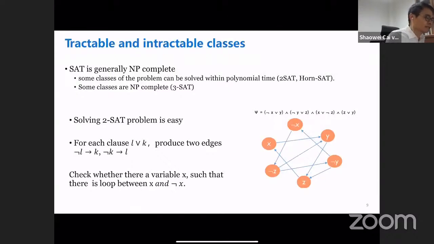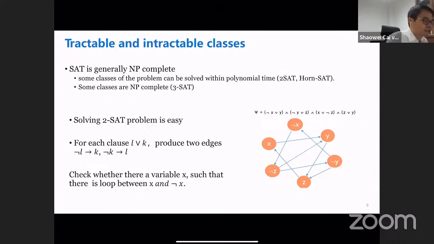Okay, although SAT is generally NP-complete, some subclasses of the problem can be solved efficiently. Theoretically, that means that it can be solved within polynomial time. For example, 2SAT and Horn-SAT can be solved with a P algorithm, while some other classes are NP-complete, for example, 3SAT.